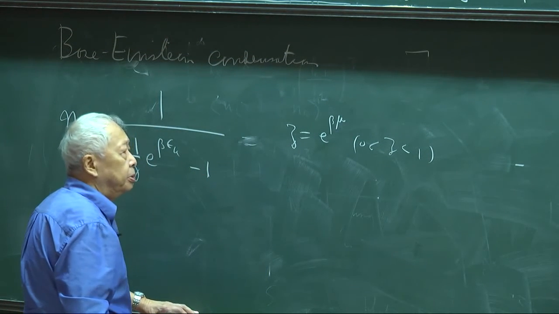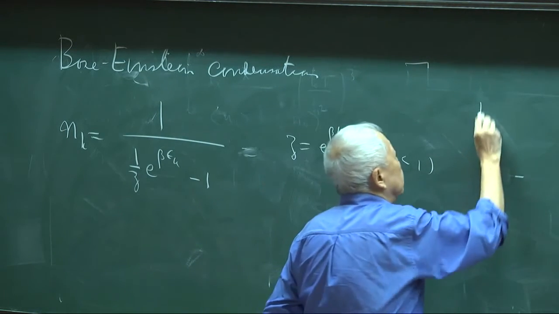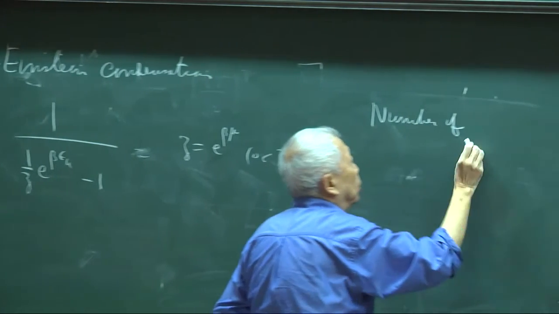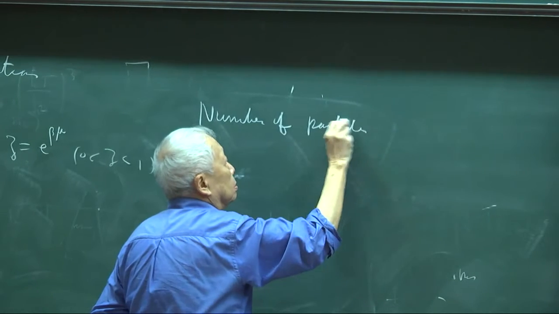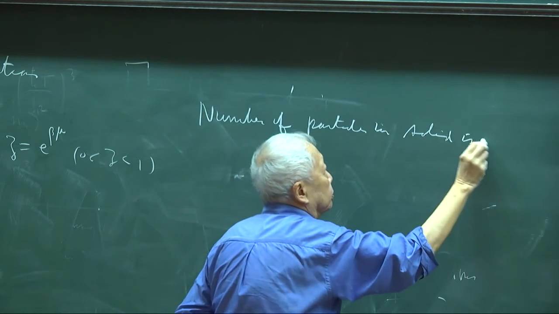Z is not equal to 1, or mu is not equal to 0, because N is conserved. The number of particles in a solid is conserved.